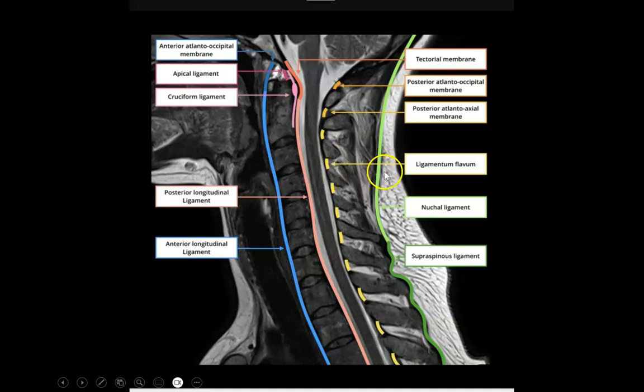So ligamentum flavum is an interlaminar ligament, and then we have the intertransverse, the interspinous and supraspinous ligament we call the ligamentum nuchae.